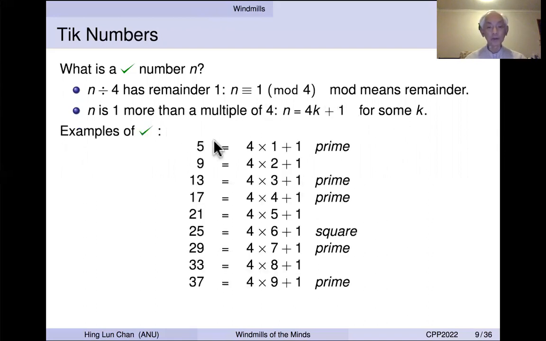Examples of tick numbers are these, by substituting the k with 1, 2, 3, 4, etc. Some of these are primes, some of them are not, and some of these are squares. How about a picture for a tick number?